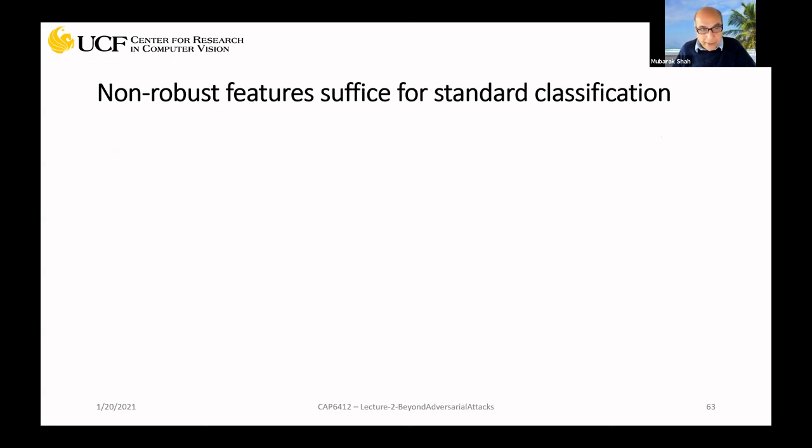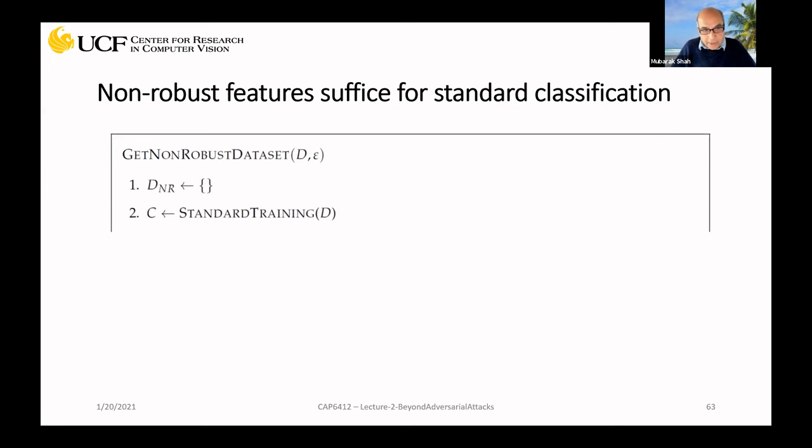And the way we are going to do this is the algorithm they give in the paper. We are going to get a non-robust data set. We have a data set D and we have epsilon. We start with an empty set. Then we train a classifier C on standard training data, a standard classifier.